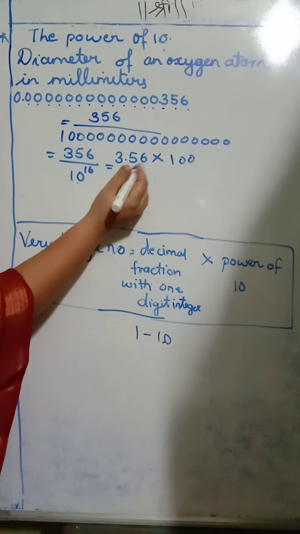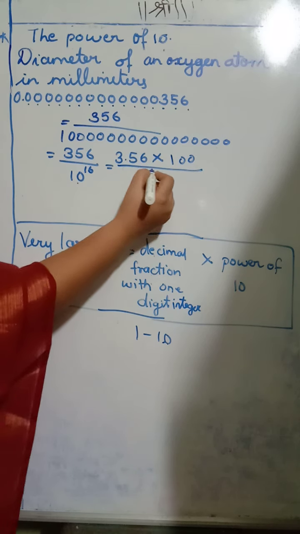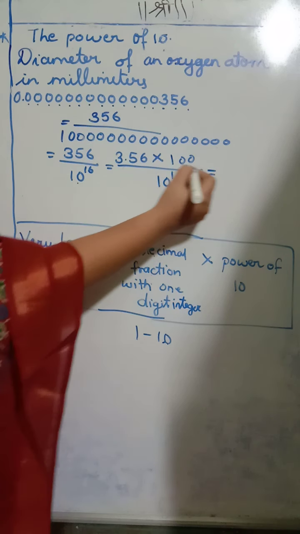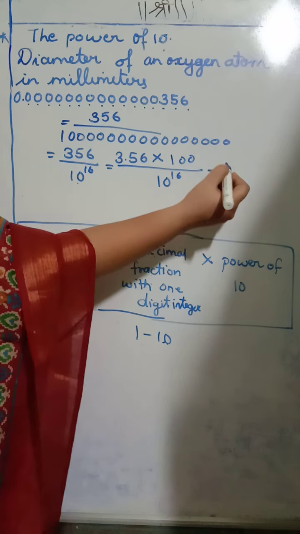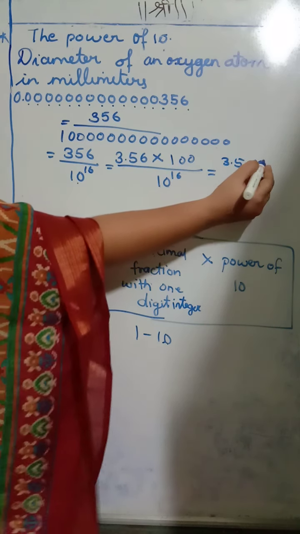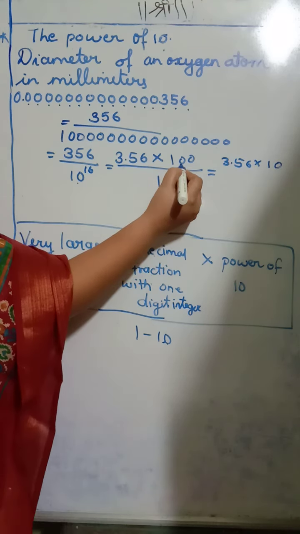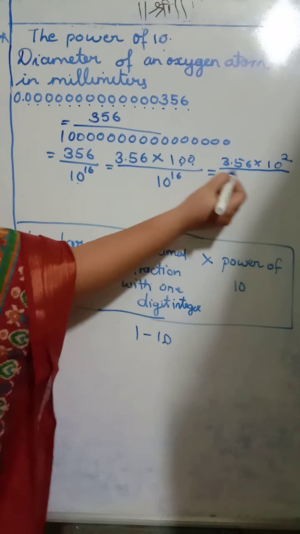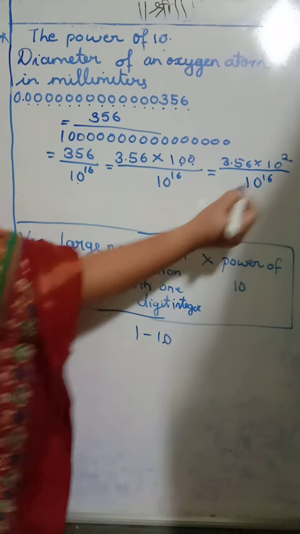So we are multiplying it by 100 upon 10 raised to 16. Now this number will convert to power of 10. 3.56 into 100: 100 is 10 having how many zeros? 2 zeros. So 10 raised to 2 upon 10 raised to 16.